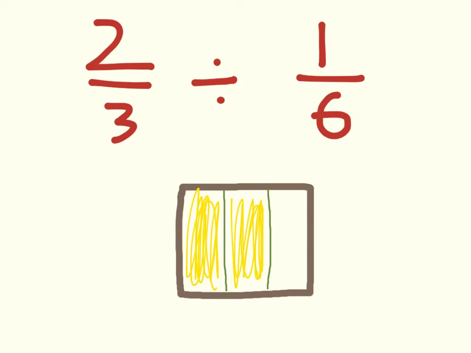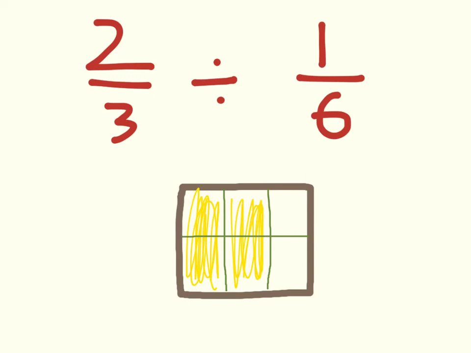Now, how many sixths are in there? Well, to know that, we're going to have to look at this box with regards to sixths. So if we carve it like that, now this box is carved into sixths, right? 1, 2, 3, 4, 5, 6. And out of the 2/3 that we had shaded, how many sixths are shaded? Well, 1, 2, 3, 4. So our answer is not 4/6, right?